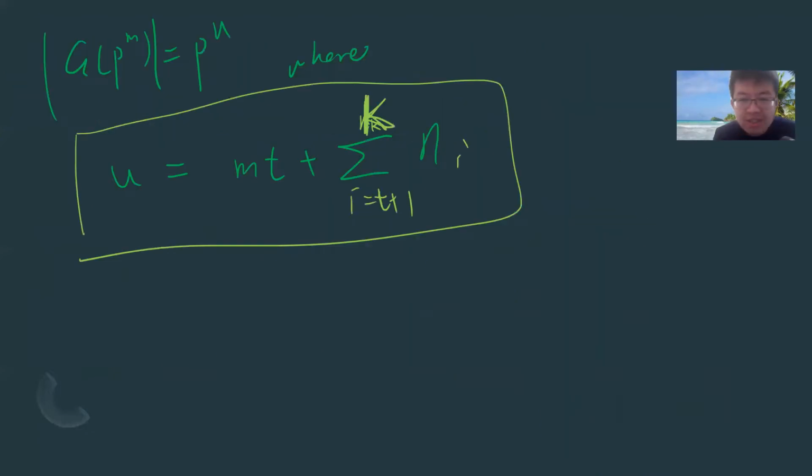So this is the formula, where you just take the order. Let's quickly give a proof, so that after the proof we can easily get the first theorem that I want to prove.